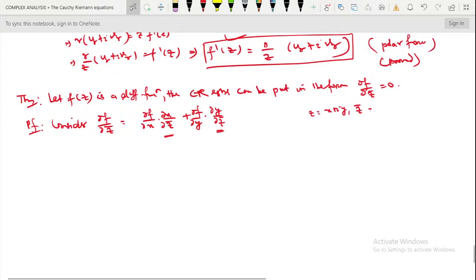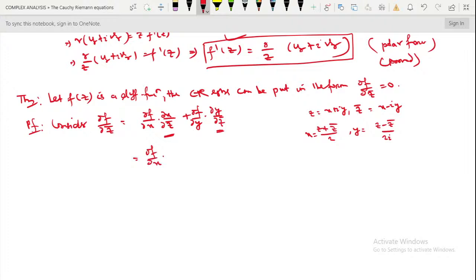So x is z plus z bar divided by 2, and your y is z minus z bar divided by 2i. So del x by del z bar will be half.